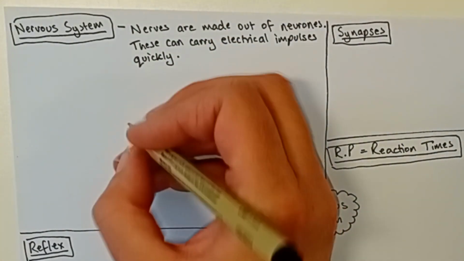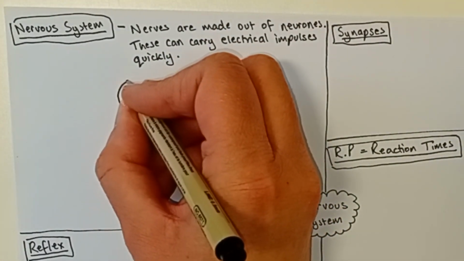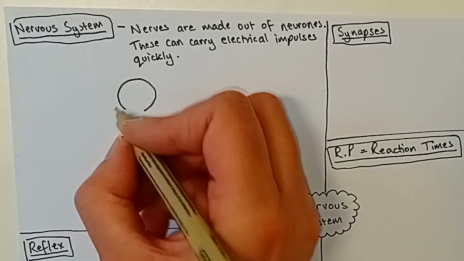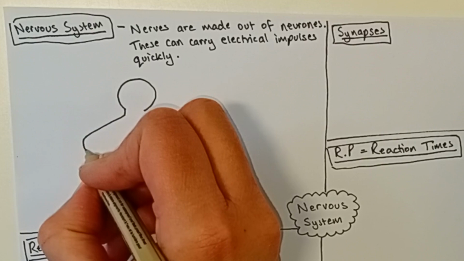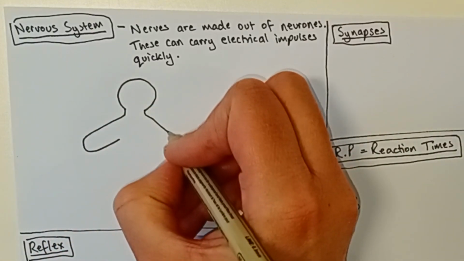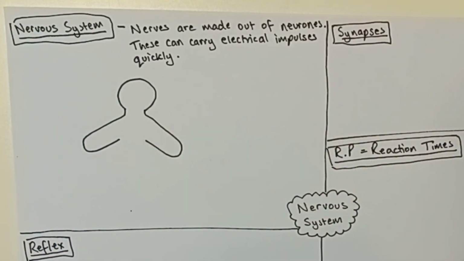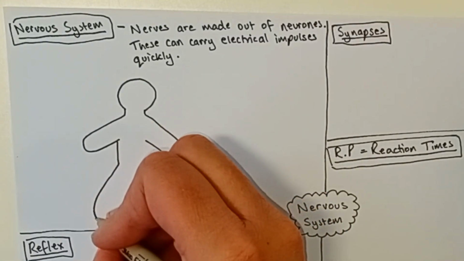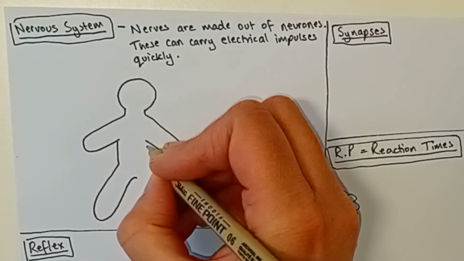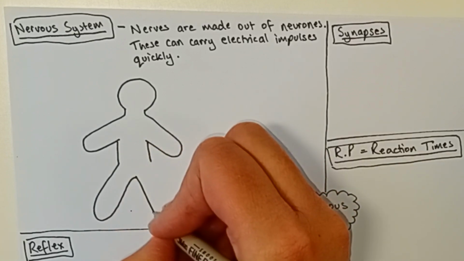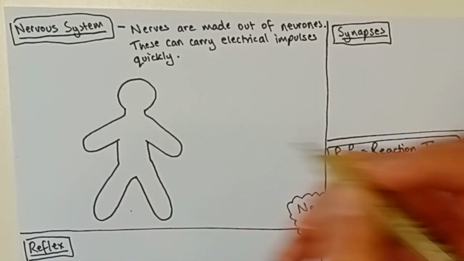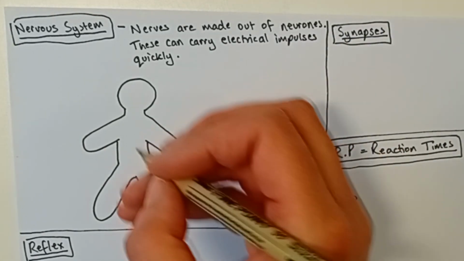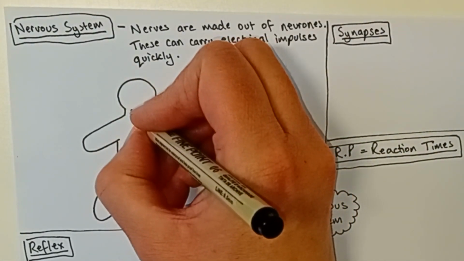And then we're going to draw a quick gingerbread man. So here's my head. Here's my arms. And then down to his legs. So we're going to start off then thinking about the brain.